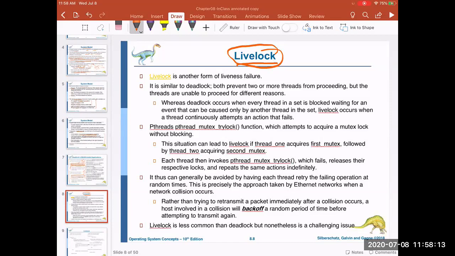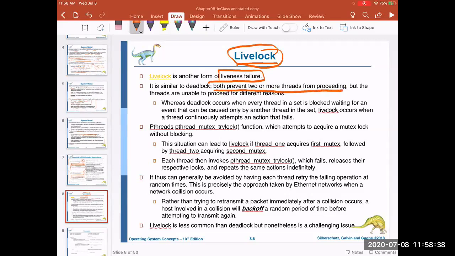Then we have another situation which is called a livelock. Livelock arises when trying to prevent deadlock, but it itself goes into a problem. It is another kind of liveness failure. It is similar to deadlock, as both prevent two or more threads from proceeding.